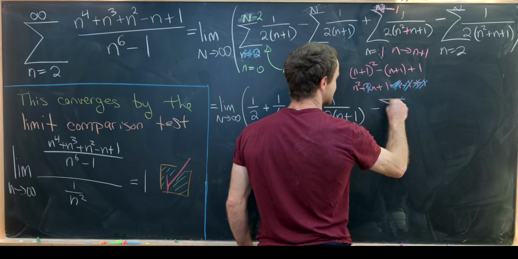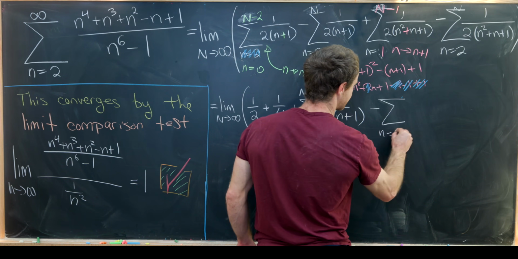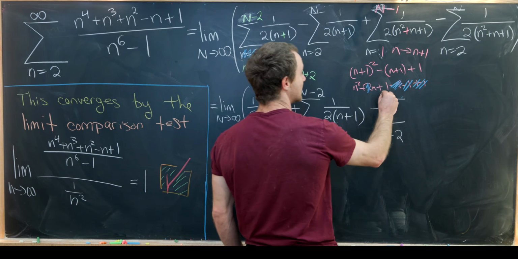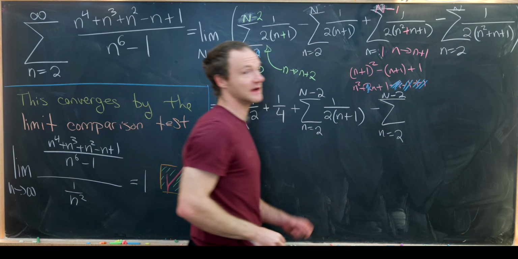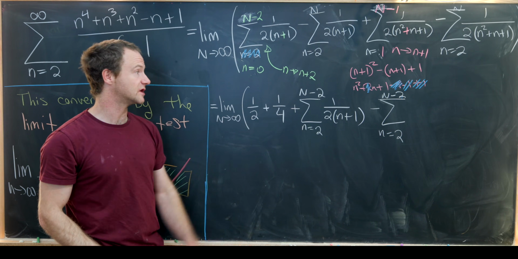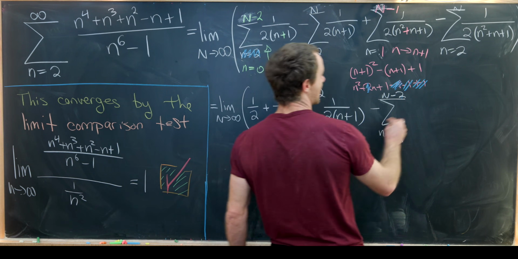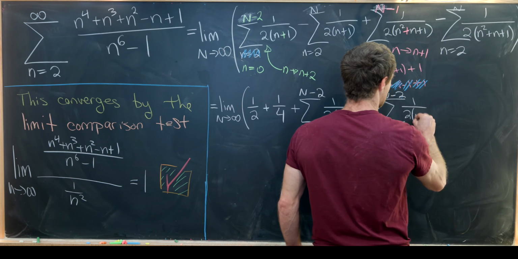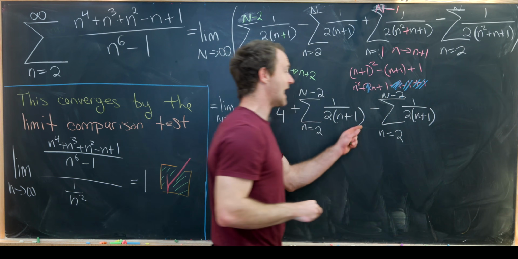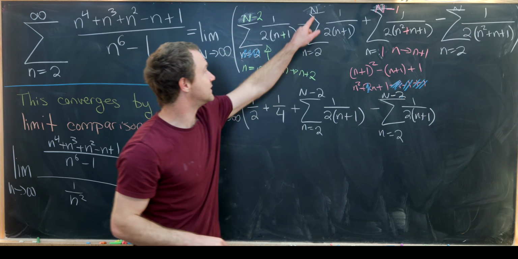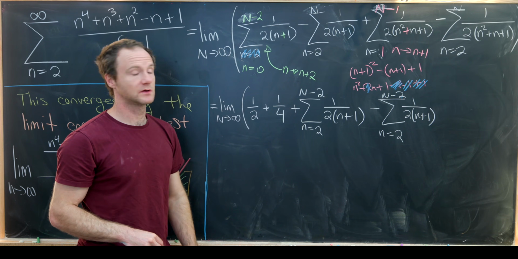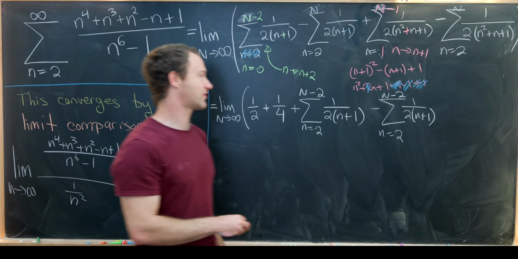So we're going to have minus the sum as n goes from 2 up to, I'll stop at capital N minus 2 again. That means I need to include a couple of extra terms of 1 over 2 times (n plus 1). And then as promised, I have to include the N minus first term and the Nth term.